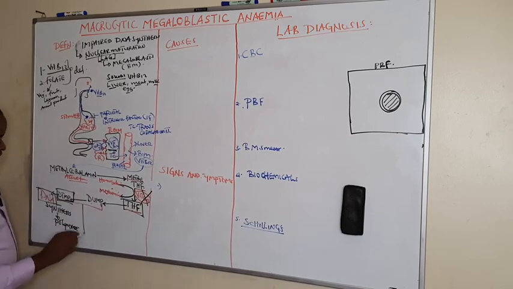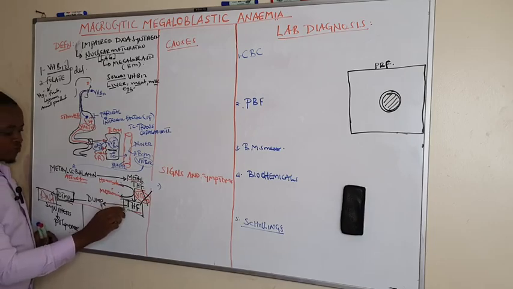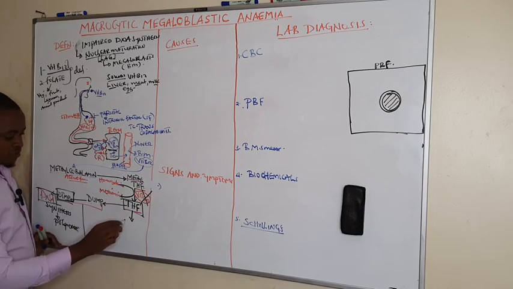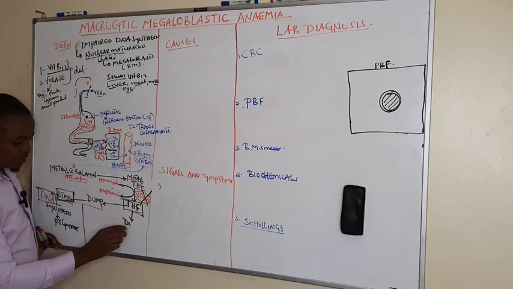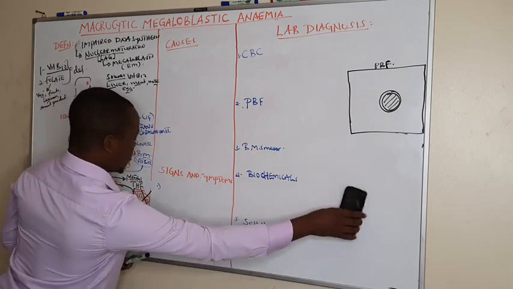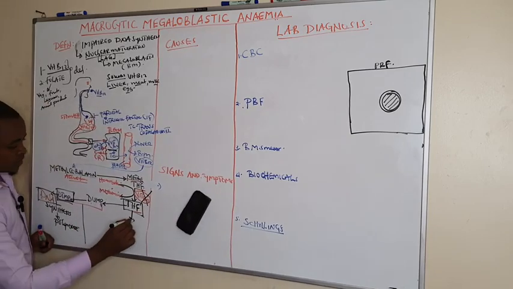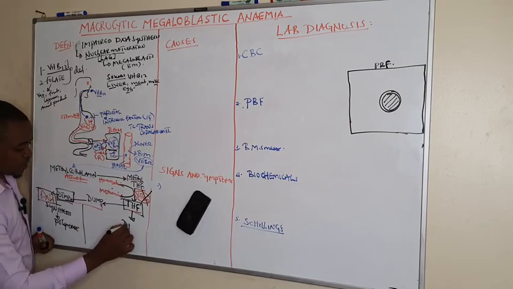So meaning, still, folate also ends up forming tetrahydrofolate, and this tetrahydrofolate can be converted to dihydrofolate, and it can also go under the same mechanism, and still it is used for DNA synthesis.